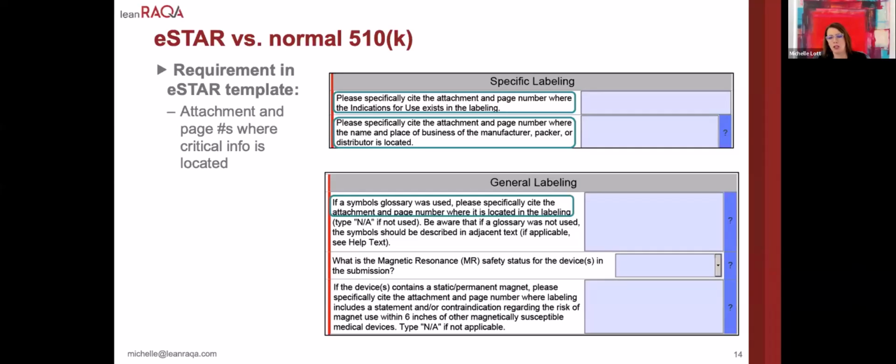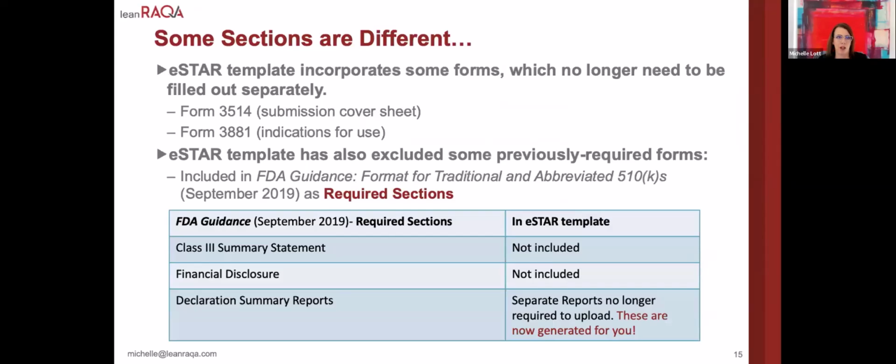So this is an example of the FDA is not going to go digging for this information anymore. Again, they expect you to push the information to them and tell them exactly where to find it in the submission.